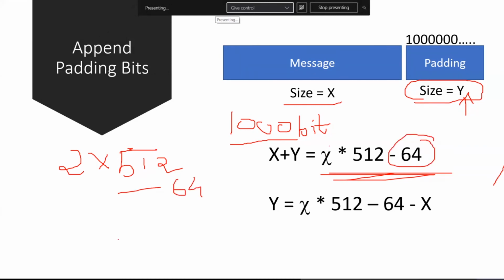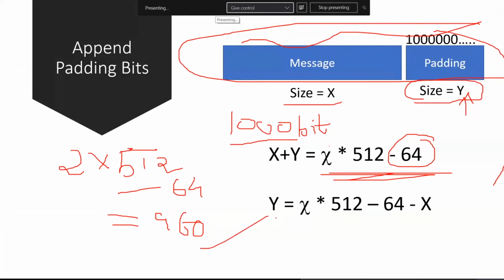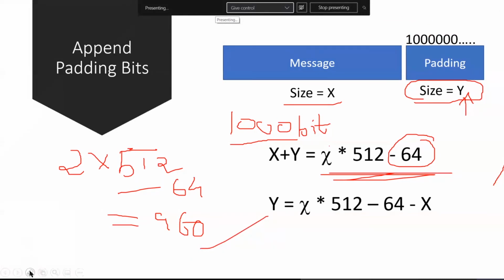It is 960. Now, looking at this logically, can the total size of this block be 960? No. Why not? Because the message length is itself 1000 bits, so it cannot be less than that.